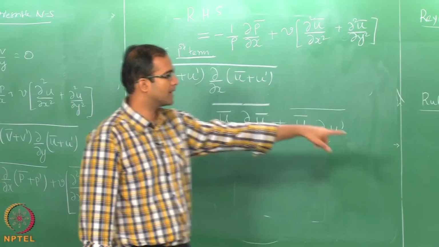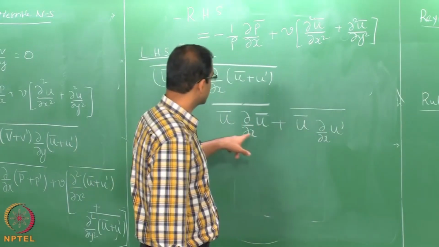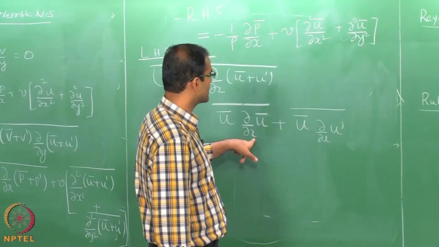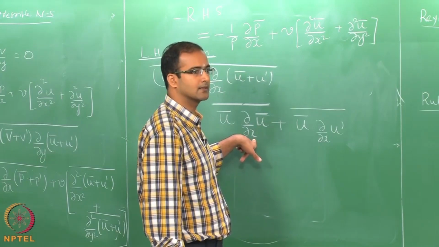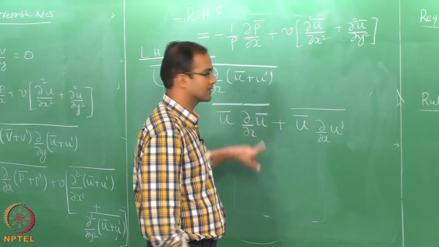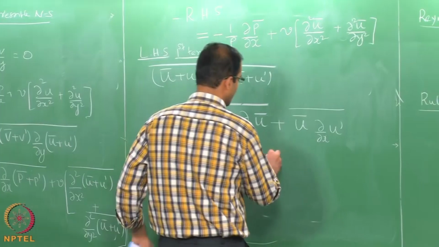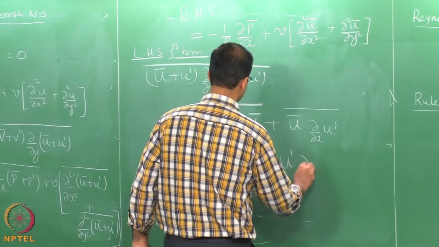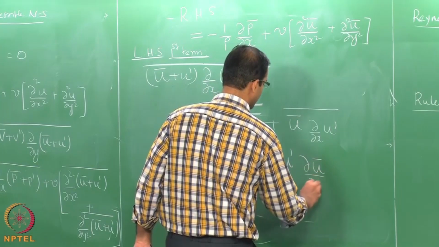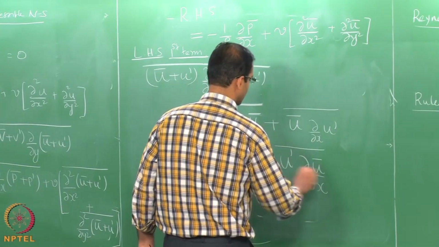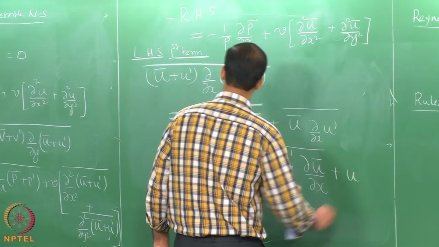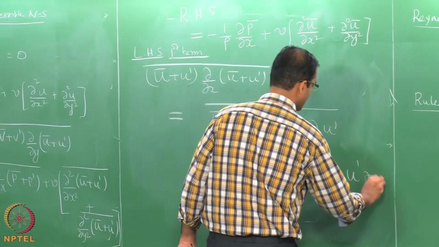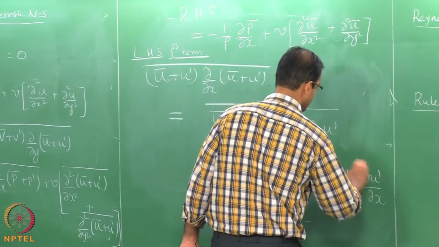So now we will go back to the averaging rule, which says that we can apply the averaging operation to these independent things. Now we have two more terms left. One is u prime into du bar by dx, the whole bar, plus u prime du prime by dx, the whole bar.